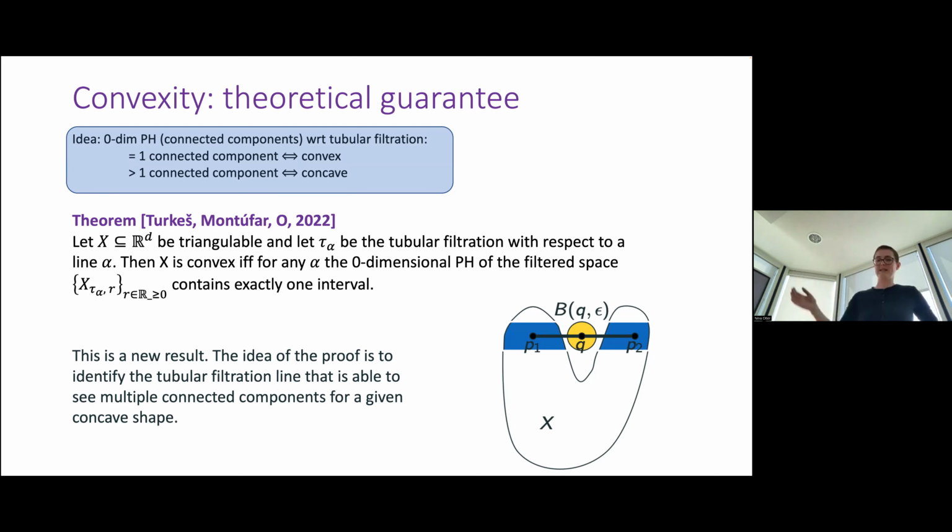The result would be that we look at the tubular filtration with respect to any line, and the shape is convex exactly when the zero-dimensional persistent homology of the filtered space contains exactly one interval. The main idea behind the proof is that for a concave shape, one would try to identify a line for which one sees more than one component. For example, in this shape, for this line, we would see the two components.